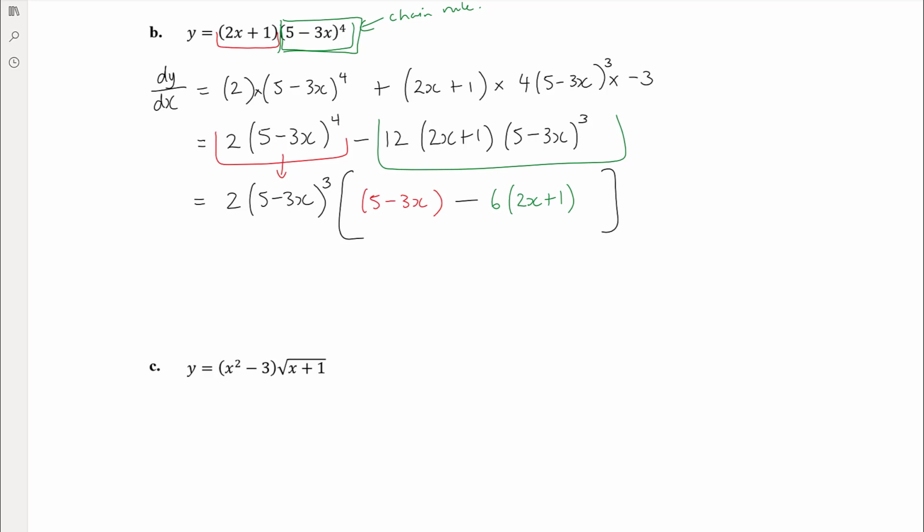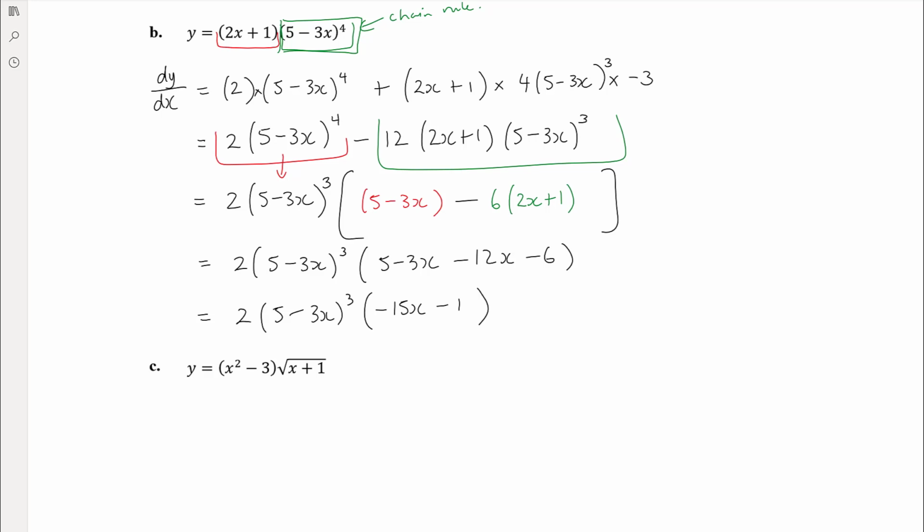Now in this big bracket at the end, we can expand and collect like terms and tidy that up. So we've got 2 times 5 minus 3x cubed, and then in here we've got 5 minus 3x minus 12x minus 6. So we've got 2 times 5 minus 3x all cubed, and then negative 3x minus 12x, so minus 15x, and minus 1.